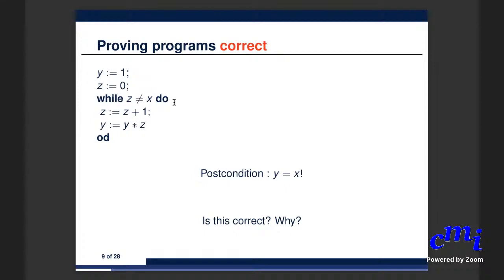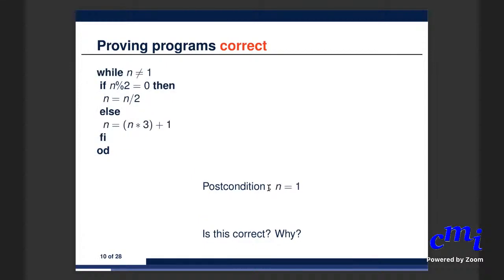So to be correct, under the precondition that x is greater than or equal to 0, indeed this is correct. That's the intuitive notion that we have: if you start in any state that satisfies a given precondition, then when you execute and the program terminates, the state that you end up in should satisfy your post condition.